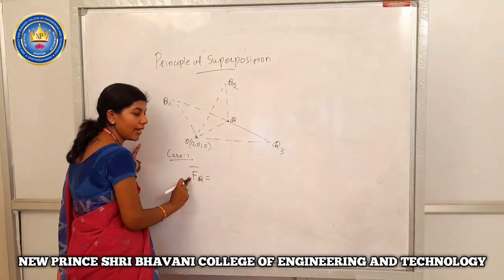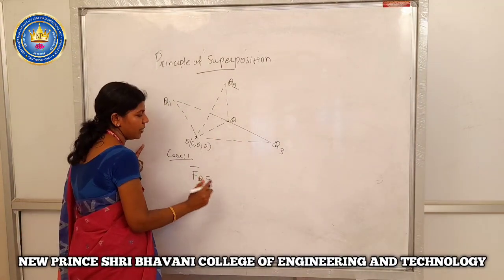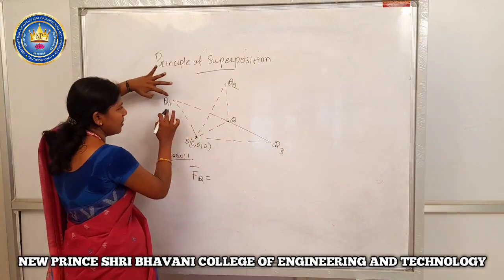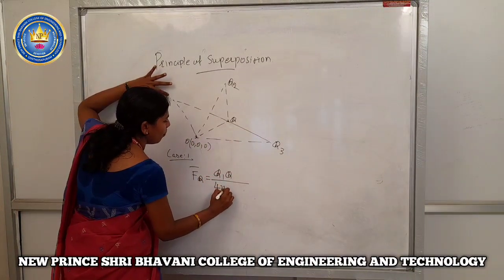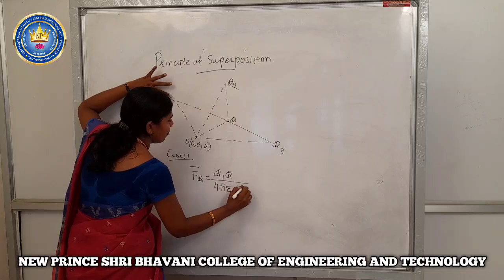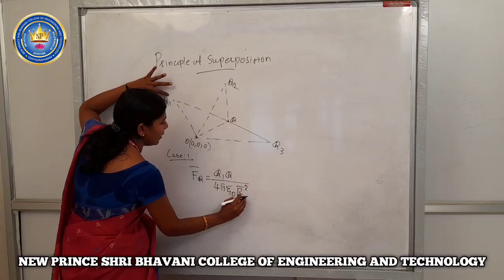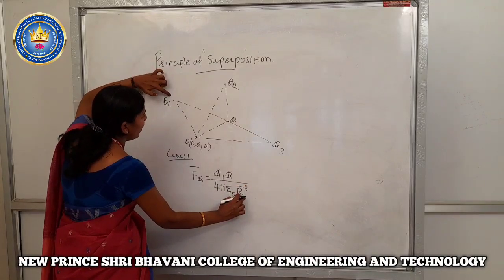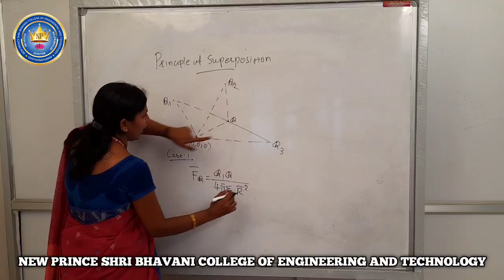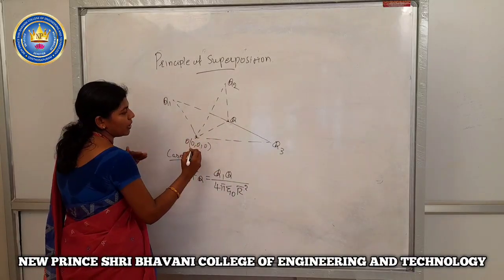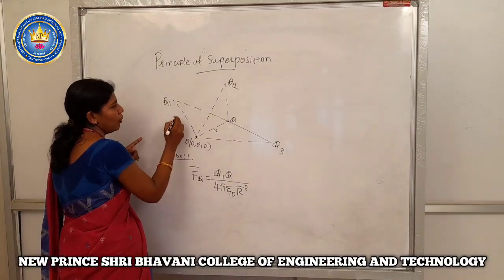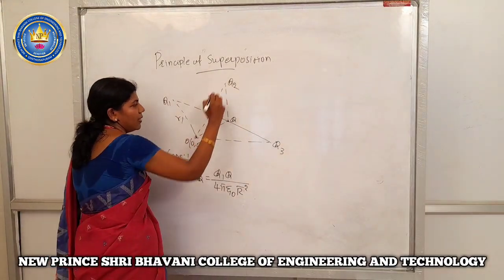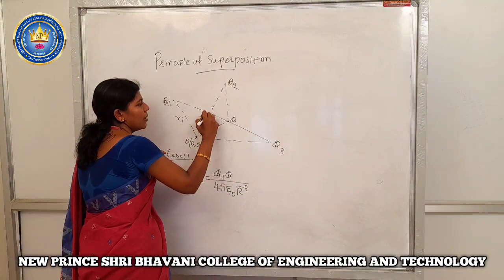So the equation is F bar Q is equal to, considering Q1 and Q, Q1 Q divided by 4 pi epsilon naught r bar squared. Here Q1 exerts force on Q. Before that, the position vector for Q is r, the position vector of Q1 is r1, and the position vector of Q2 is r2.